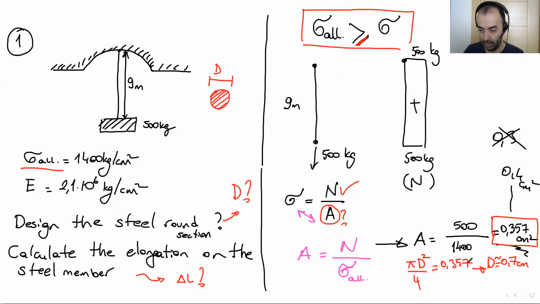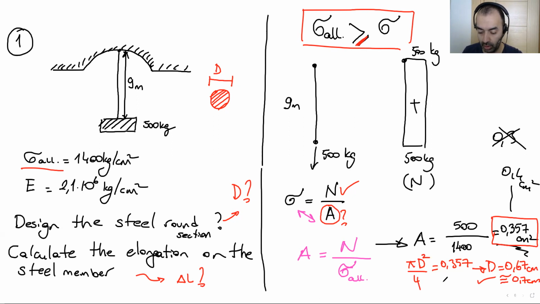Here D is the calculated D. Let me write. Centimeter. So if we round it, you can put this number. That's okay. This is correct. If you like, you can round at the end to the closest number, 0.7 centimeter. This is the D.